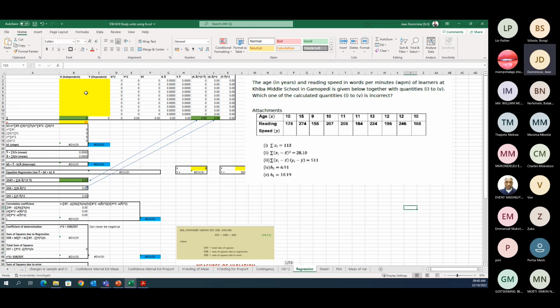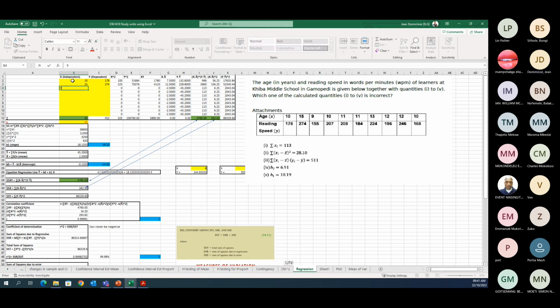Another very important thing to look out for is the X and the Y. I've seen it before that in the exam they switch the two around, that they give you the Y numbers first and then the X's. So just be very careful when looking at it, that you make sure the X is the first numbers that you put in, and the Y's are the second numbers that you put in.